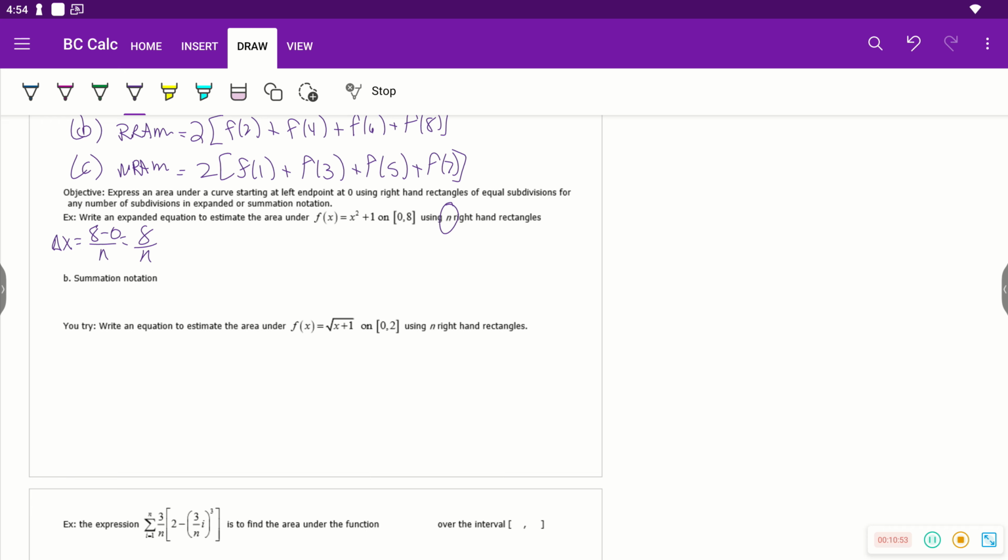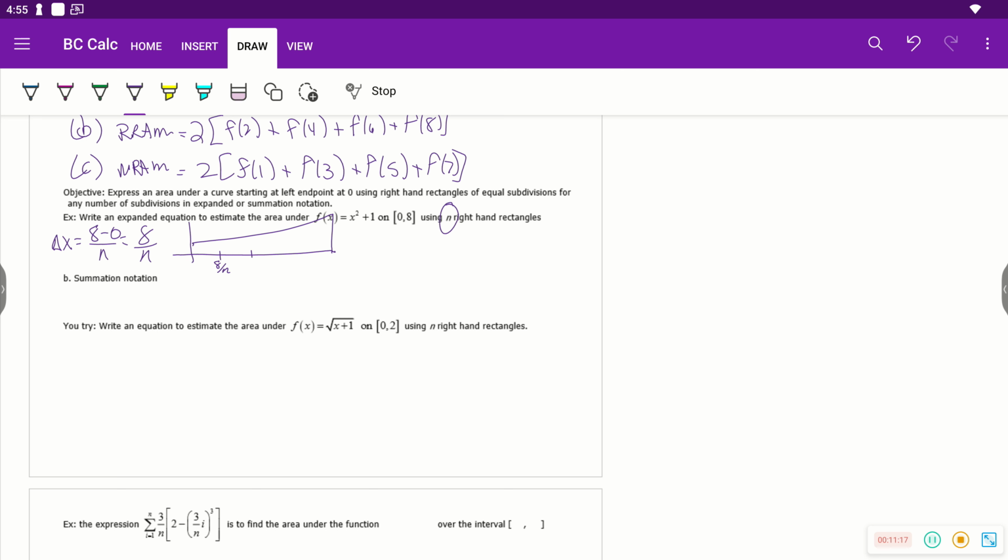Now, a picture helps a lot, and keep in mind that the goal is to look for patterns. I'm looking for patterns. So if I had this curve here, the first delta x I go over would take me to 8 over n.